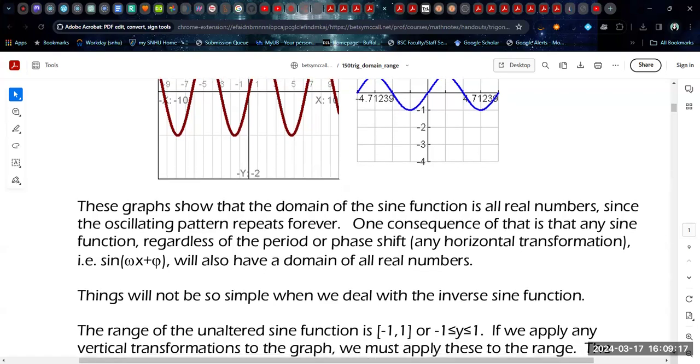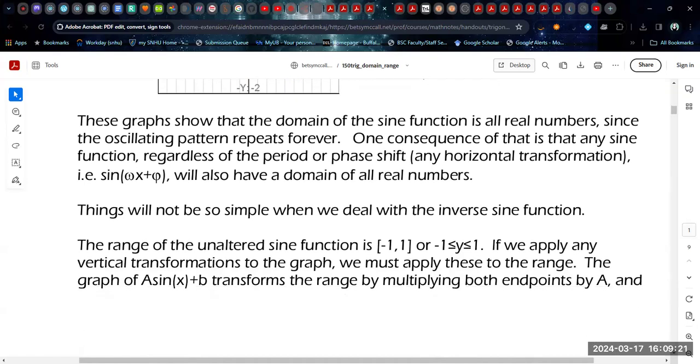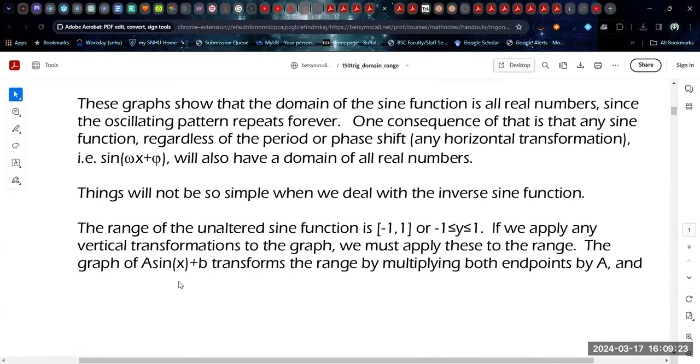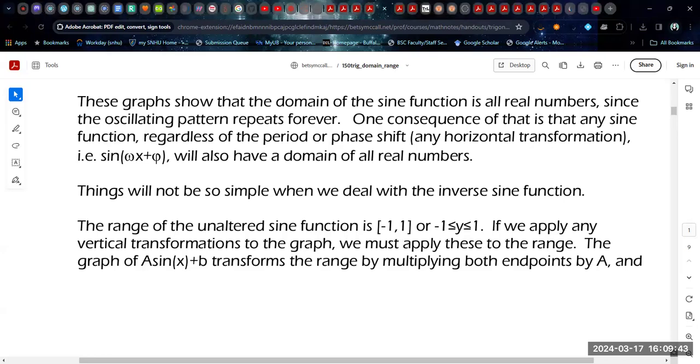The range of the sine function is not altered by horizontal shifts, but if you apply anything outside the sine function, then that will affect your range. So if I multiply the sine function by a value, I will multiply the range by that same value. And if I add anything to the sine function on the outside, that will also affect the range that I'm able to obtain.